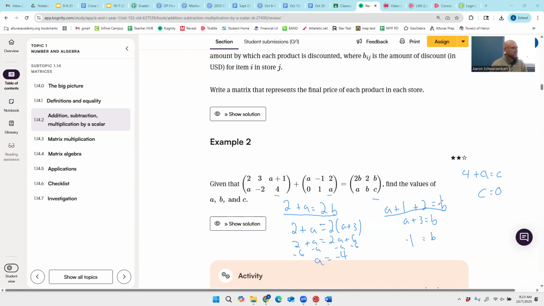Because we don't need C for the top row, we can figure out what A and B are. And I didn't use the middle one, like 3 minus 1 equals 2.